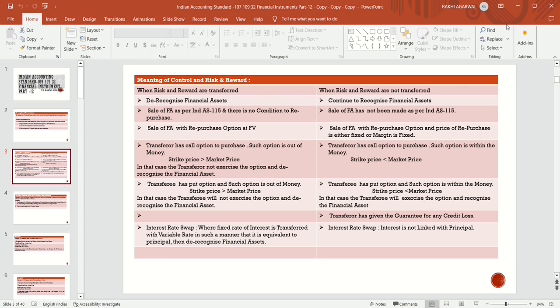When risk and rewards are transferred, derecognize the financial asset from the books: sale of the financial asset as per Ind AS 115, and there is no condition to repurchase. It means the sale or transfer happens in such a way, as per the accounting standard 115, that the sale takes place and there is no condition in that contract to repurchase that financial asset. In that case it will be permanently derecognized from the books.